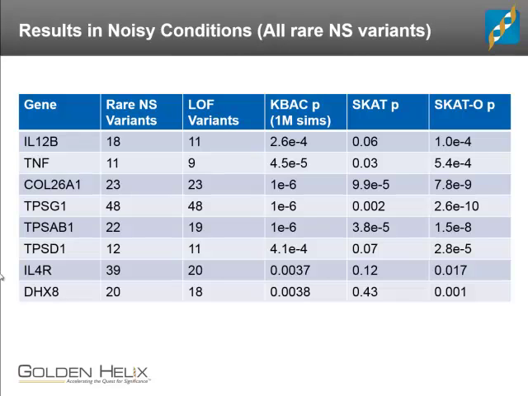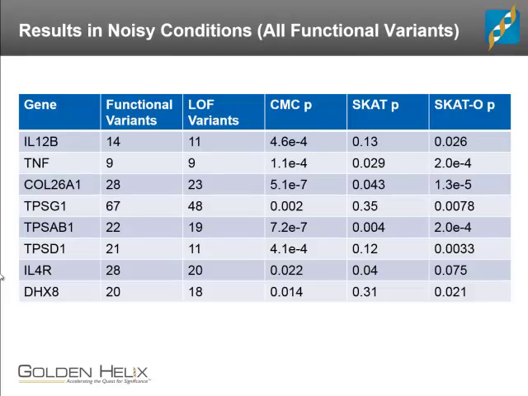Different way here. This time, instead of just putting in more rare variant noise, this was adding in more common variant noise. And again, with some genes, it didn't make much difference, but one of the glaring examples to me is TPSG1.